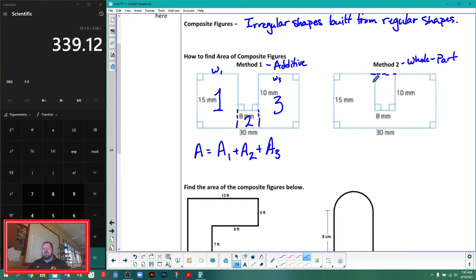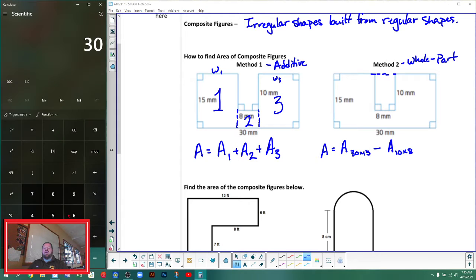So if I think of the whole rectangle, it's going to be a 30 by 15 rectangle. So I'm thinking that the total area is the area of a 30 by 15 rectangle minus the area of this 10 by 8 rectangle. Now, since they're rectangles, those calculations are pretty easy.